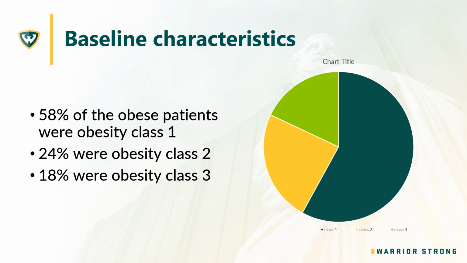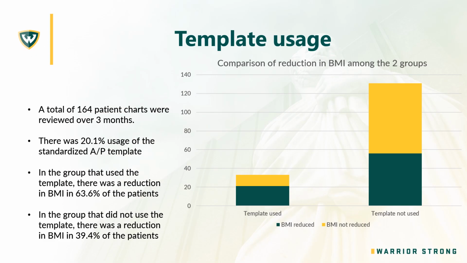These are some of the baseline characteristics for the patients that were included in this QI project. 58% of the patients with obesity were classified as class 1, 24% were classified as class 2, and 18% were classified as class 3. Moving on to the outcome measures, the first outcome measure was template usage. We reviewed 164 patient charts over a span of 3 months.